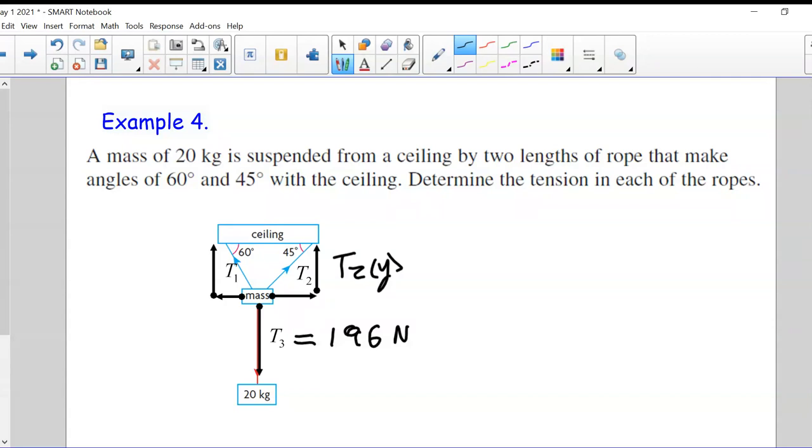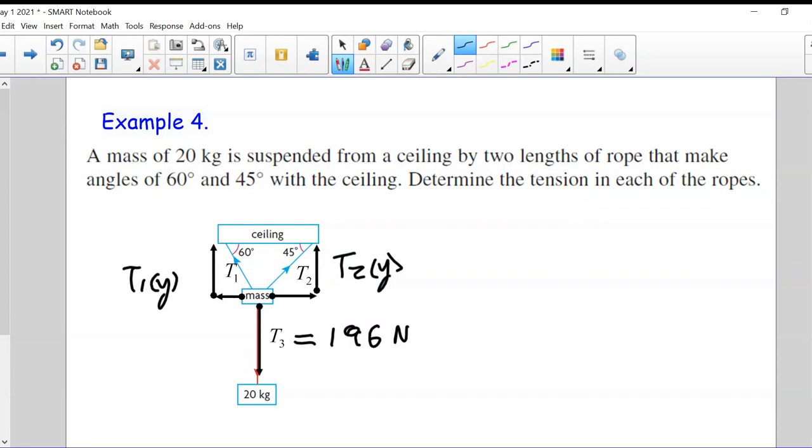Remember, the vertical line is along the y-axis, so it's the vertical component of the T2 vector. And the same thing over here, this vector is T1y, the vertical component of the T1 vector.